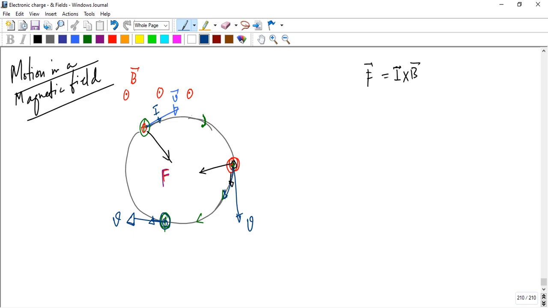So I cross B gives the force and the rotation here. See very carefully: there is a force on a circular path, a center-seeking force, and this force is called the centripetal force.